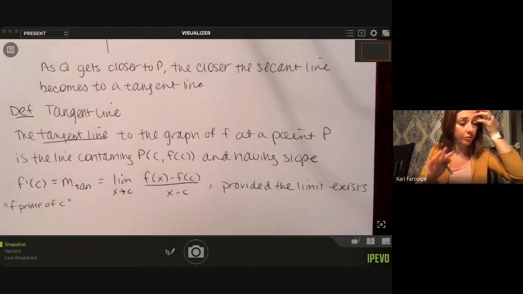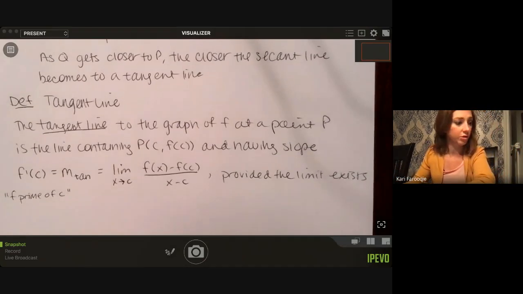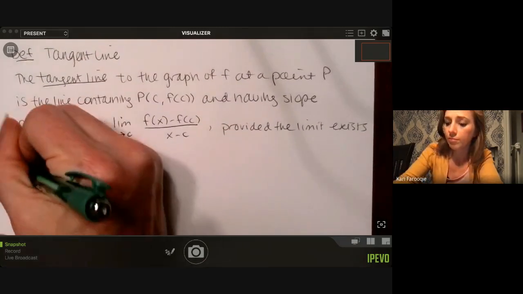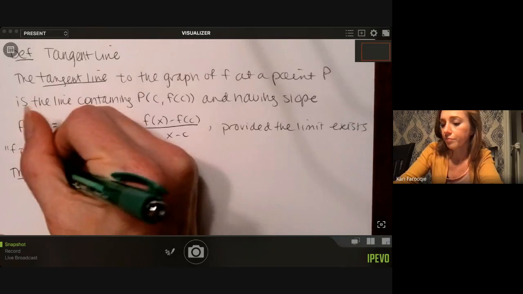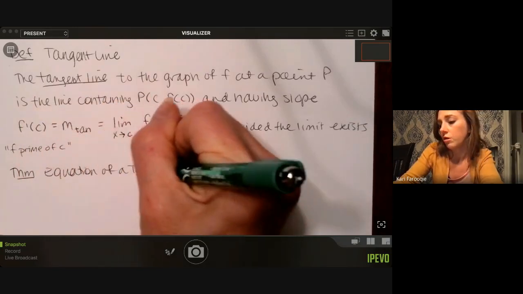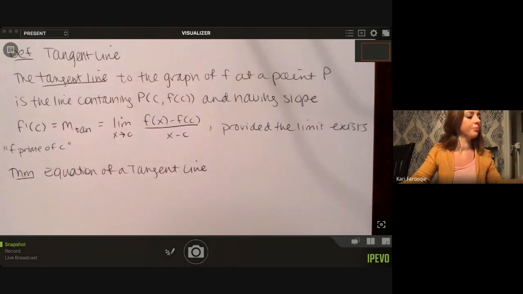All right, so having given you that definition for the tangent line, we'll give you this theorem about the equation of a tangent line. Equation of a tangent line.